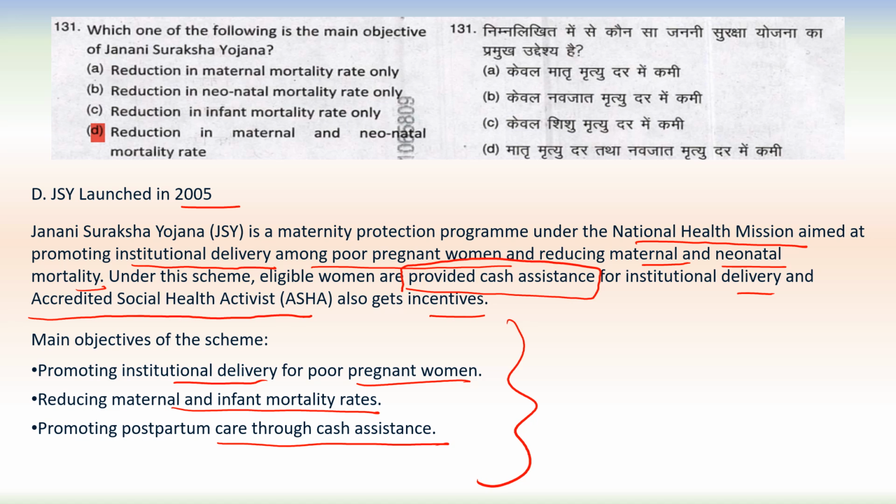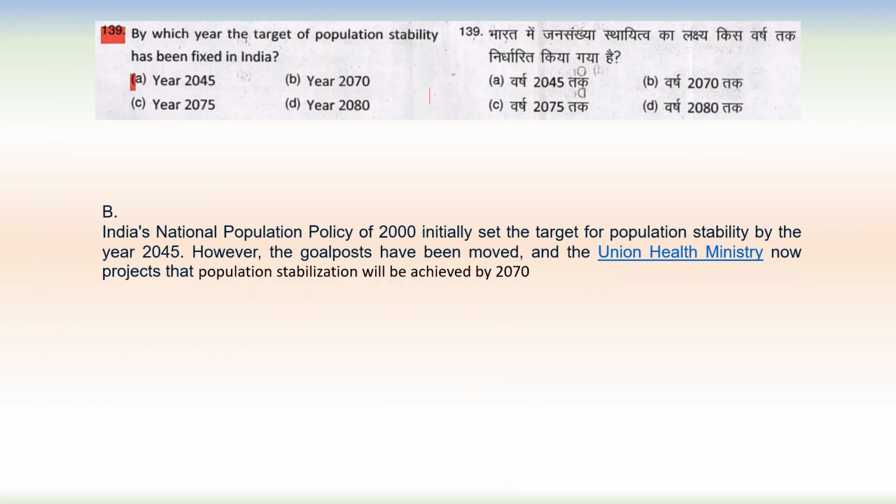Reduction in maternal mortality rate only, this is wrong. Reduction in neonatal mortality rate only, wrong. Reduction in infant mortality rate only, these are wrong because the scheme contains all of these. Reduction in maternal and neonatal mortality rate, yes, this is correct. So we'll go with D.